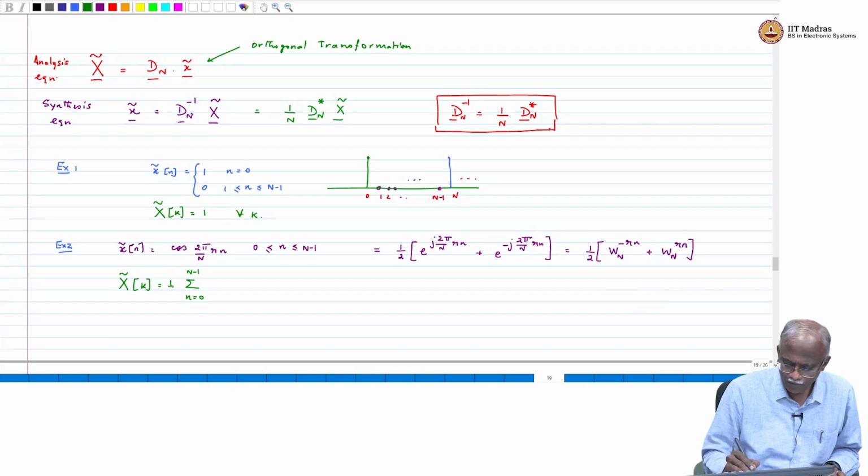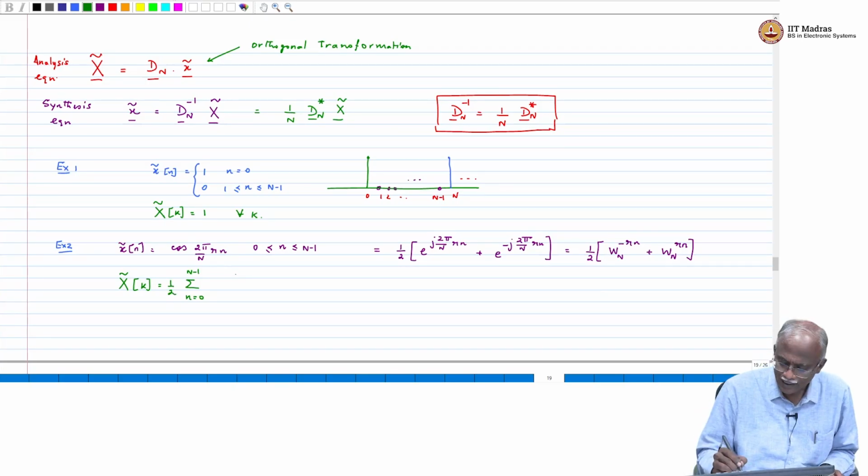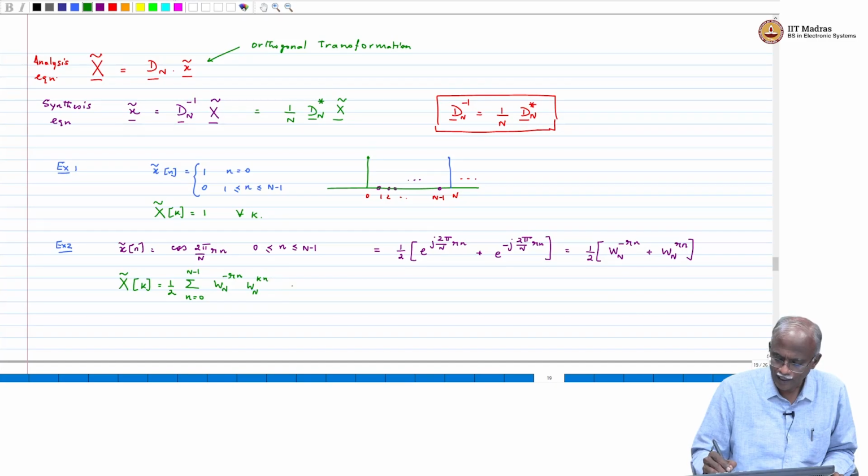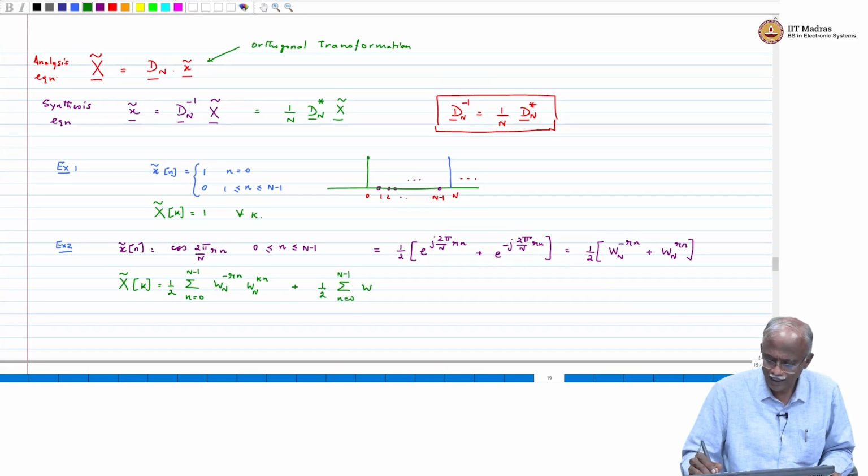There is a 1/2 outside the two terms, W_N to the minus r n, W_N to the k n, and the second term will be 1/2 of summation n equal to 0 through N minus 1, W_N to the plus r n, W_N to the k n.